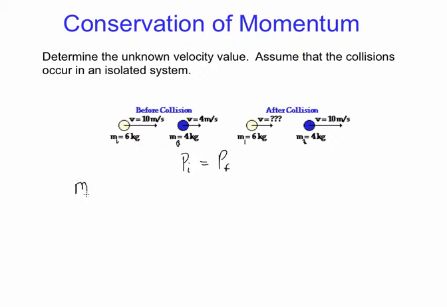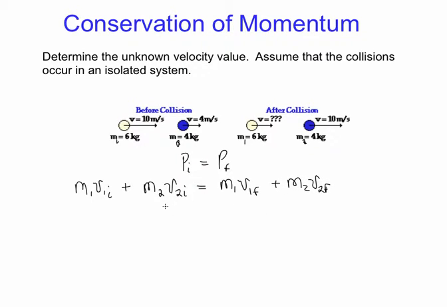So we're going to use the relationship that M1 V1 initial plus M2 V2 initial is going to equal M1 V1 final plus M2 V2 final.